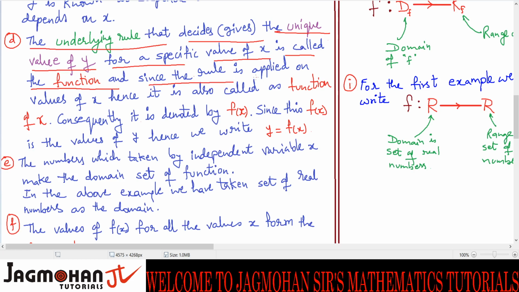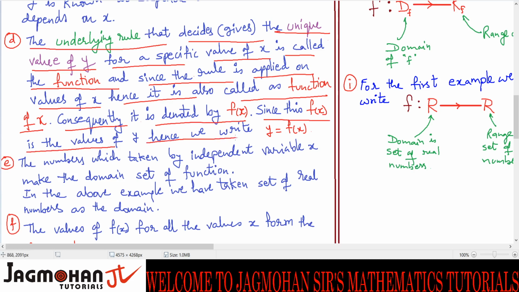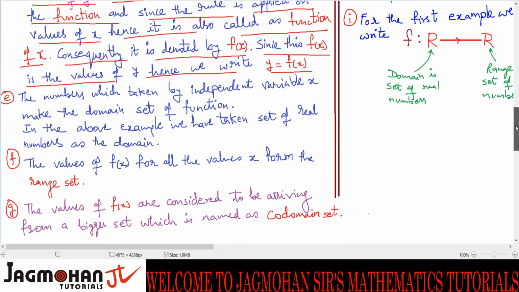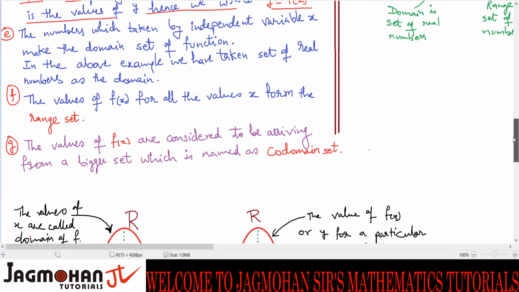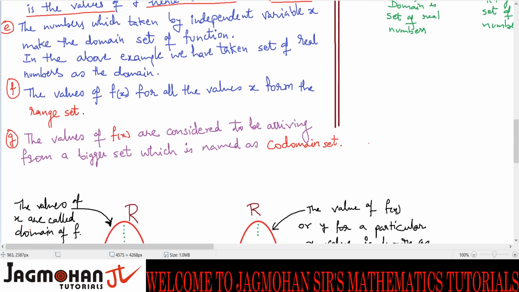And since the rule is applied on values of x, hence it is also called a function of x. Consequently, it is denoted by f of x. Since this f of x is the value of y, hence we write y equals f of x. This particular statement you studied in the previous video. If you want, you can once again go to that video and understand this point.